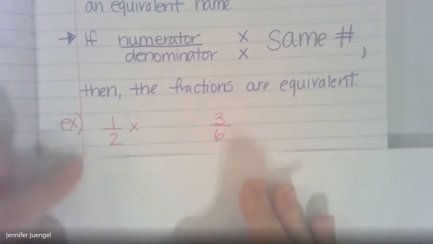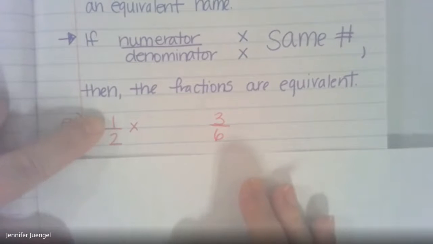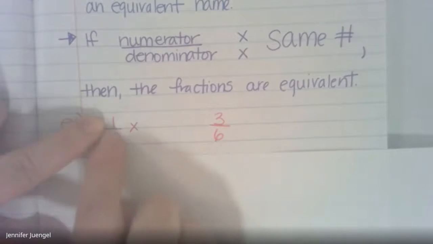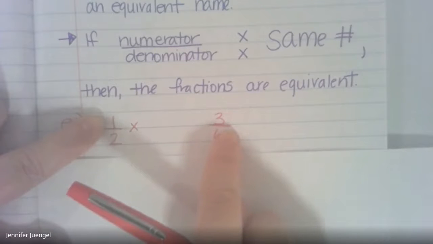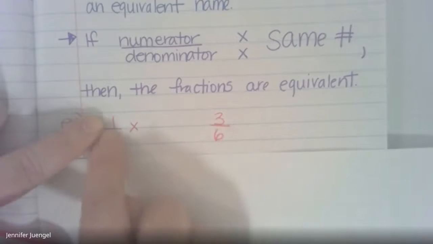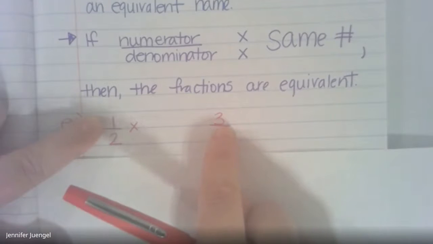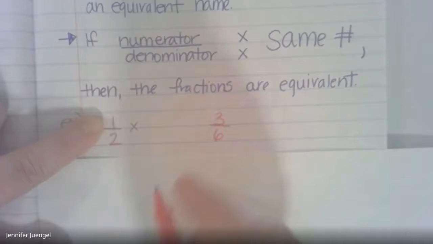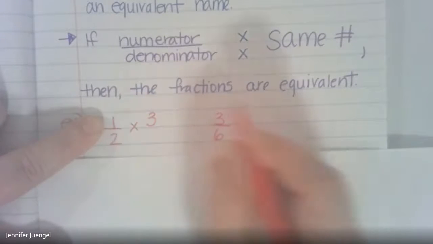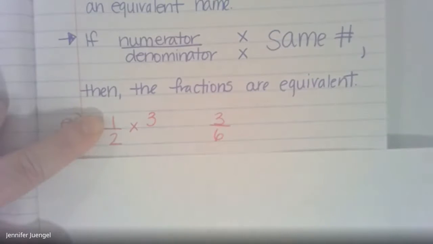So I ask myself, okay, what do I do to get from 1 to 3? 1 times what equals 3? The rule is 1 times 3 equals 3. So now I know that this fraction will be equivalent if I can do the same thing to the denominator.